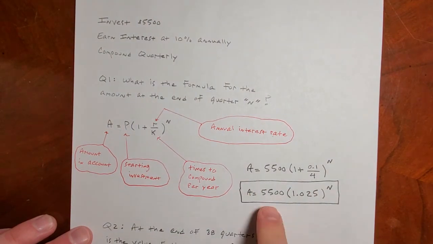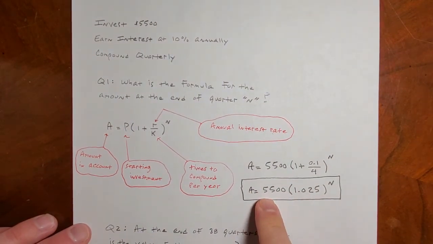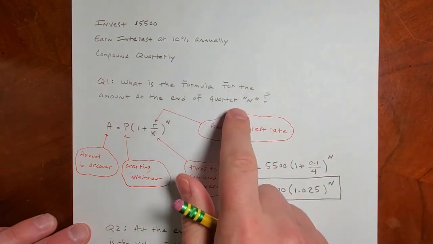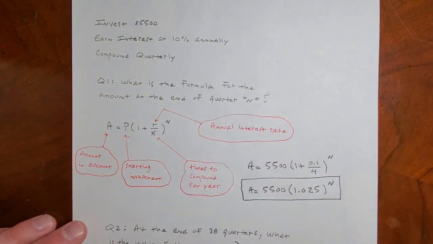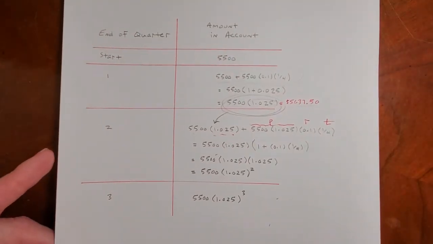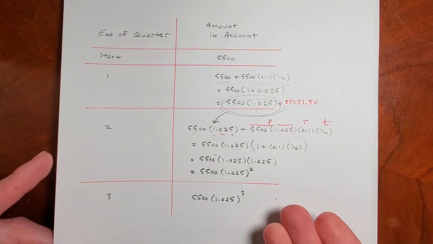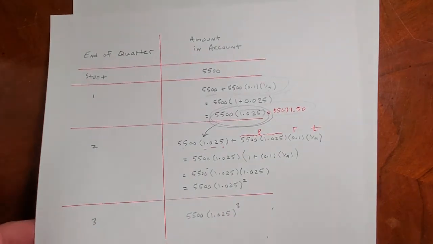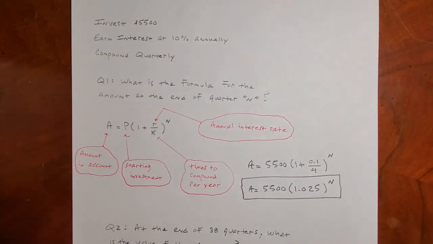Okay, so there's your formula to calculate the future amount on quarter N, where quarter N is at some time in the future. When we looked at it 1/4 at a time, it probably made it look complicated, but as with a lot of things in math, there's a pattern and ultimately a formula to help us out.